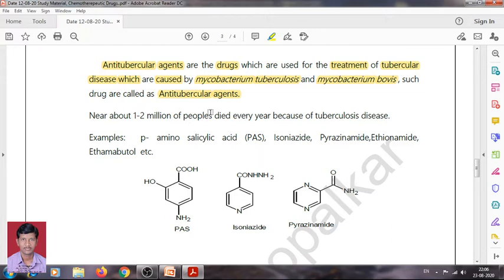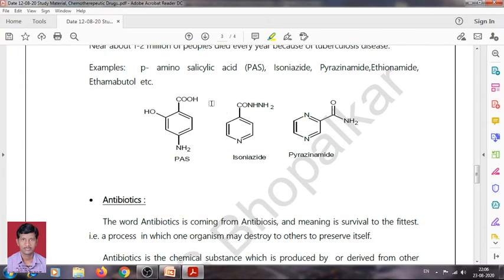Nowadays in India and in the world, 1 to 2 million people die every year because of tuberculosis. For example, para-aminosalicylic acid, isoniazid, pyrazinamide, ethambutol.